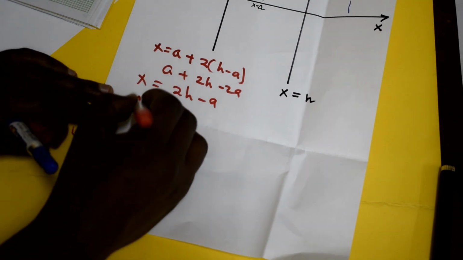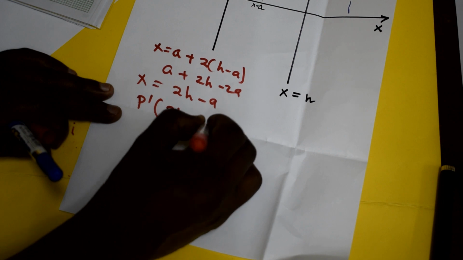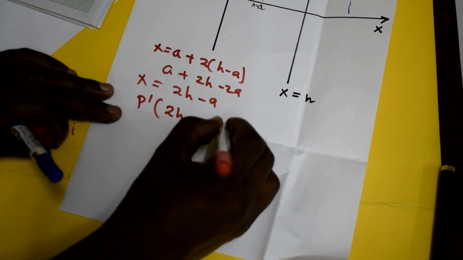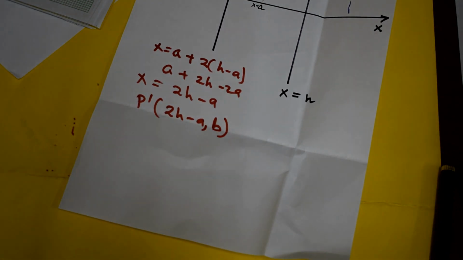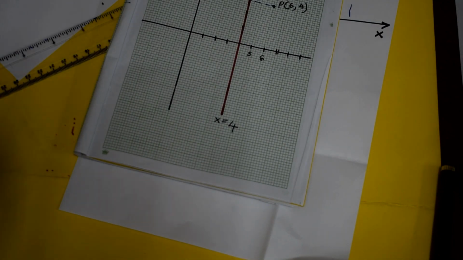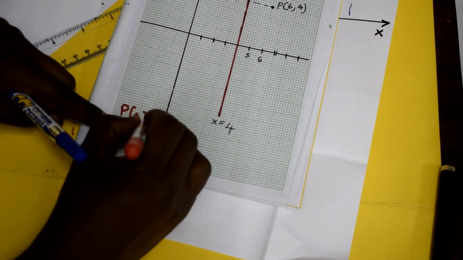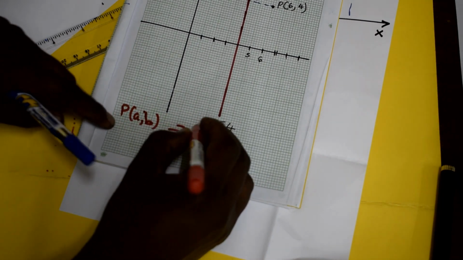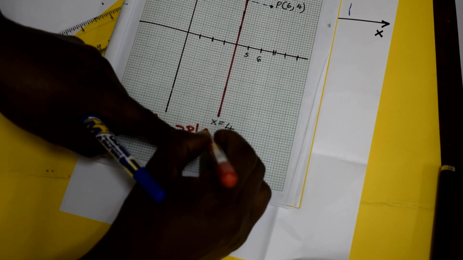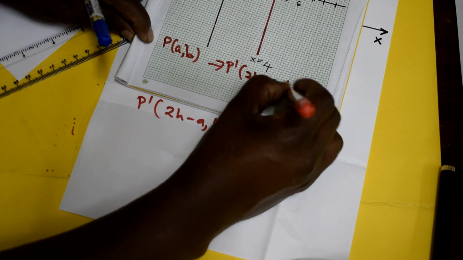So our point P prime therefore will be (2h minus a, b). So if we can check this one, we have already said that our point P (a, b) will be reflected to P prime, which is (2h minus a, b).